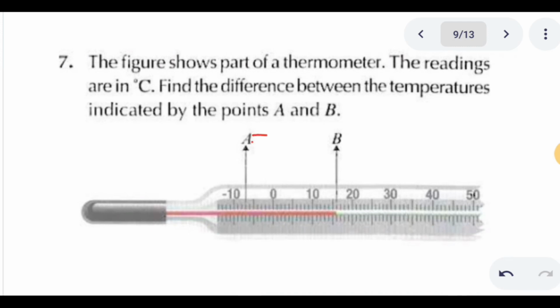So A is having the value minus 7, and on the other side B is having 10, 11, 12, 13, 14, 15 and 16.